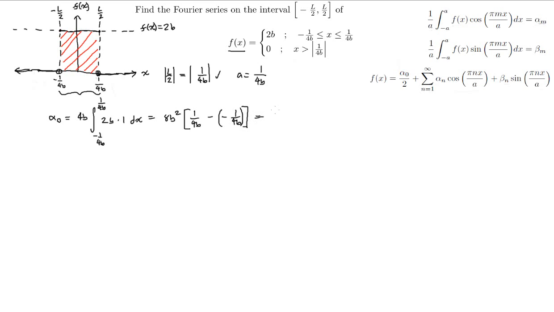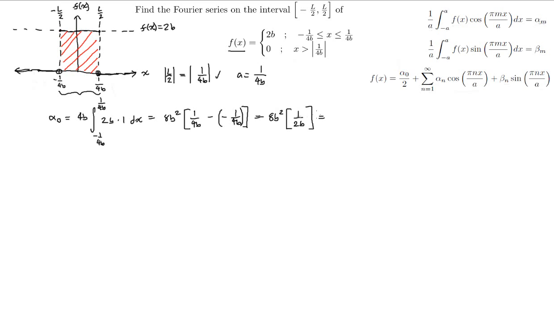And so that would basically be 2 over 4b, but we might as well simplify it. So we'd have 8b squared times, 2 over 4b, which is just 1 over 2b.